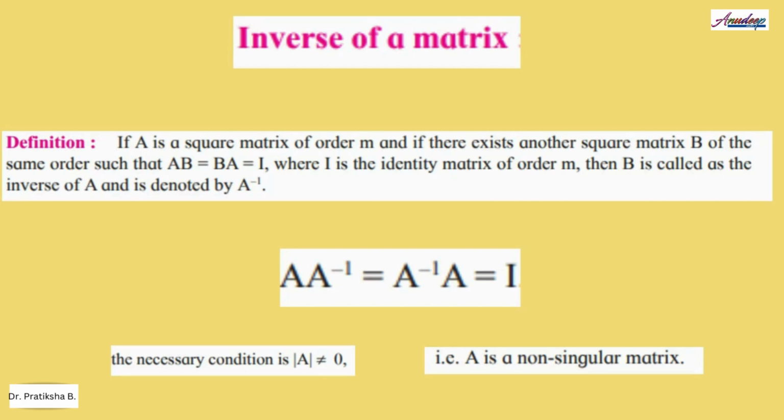When we multiply these two, we get the identity matrix. That is, the elements in the identity matrix are 1, 0, 0, 1. If it is a dimension 3 by 3, it is 1, 0, 0, 0, 1, 0, 0, 0, 1. So, what is the necessary condition for the inverse matrix to exist? The necessary condition is that the determinant of A should not be equal to 0. That is, A should be a non-singular matrix.